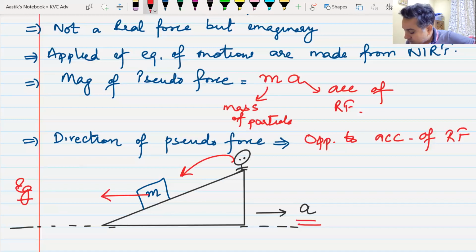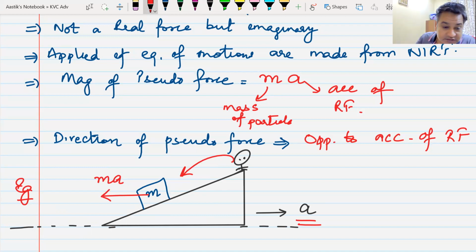So the pseudo force would be applied like MA. Then I can write Newton's laws of motion, and then Newton's laws of motion can be applied in that way. So this is a cheat method of applying Newton's laws of motion to a non-inertial reference frame.